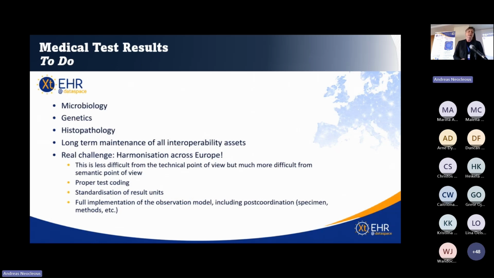So what still needs to be done? We did not finalize the work on microbiology reporting. This work is continuing. We are now preparing a white paper that should hopefully be published before the summer break. Based on that, we should achieve the implementation in 5 RGs for microbiology, because that's a specific area of laboratories. Most of you know it well, but it's not as deterministic as other types of laboratories.